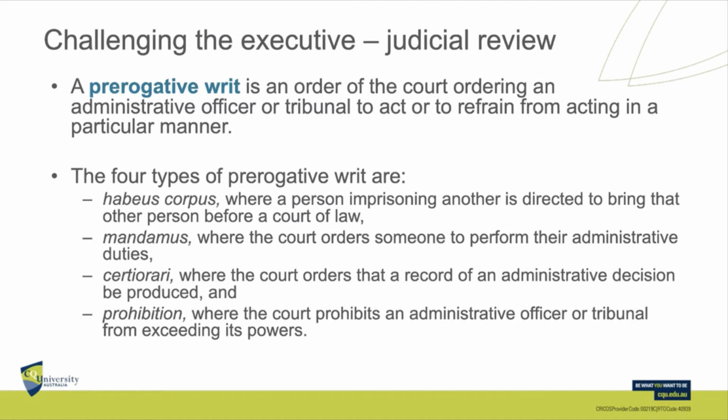It might be an order that an administrative officer perform their duties or provide a record of their decision. Or it might be an order prohibiting the executive from exceeding its powers. The details, as well as the correct pronunciation of certiorari, are things that you'll cover in administrative law. So right now, all you need to know is that these powers exist.